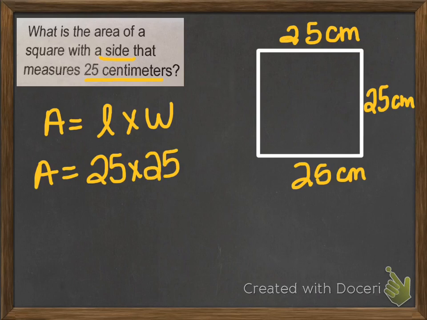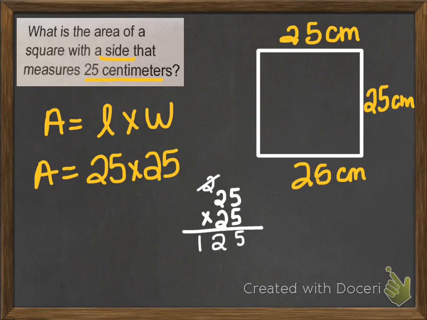If you cannot multiply 25 times 25 in your head, and you probably shouldn't try unless you've done it before, the best thing to do is to multiply the best way you can, 2 numbers by 2 numbers. So I'm going to take 25 times 25. 5 times 5 is 25, and then I'm going to diagonal. 5 times 2 is 10, plus 2 is 12.